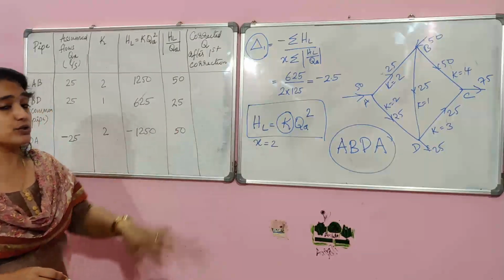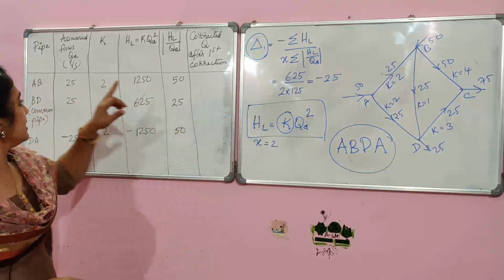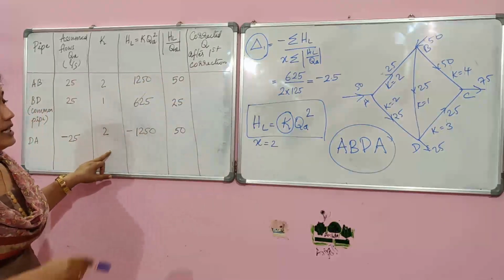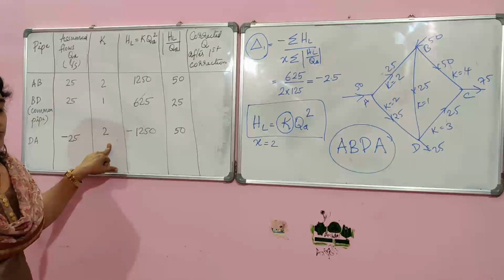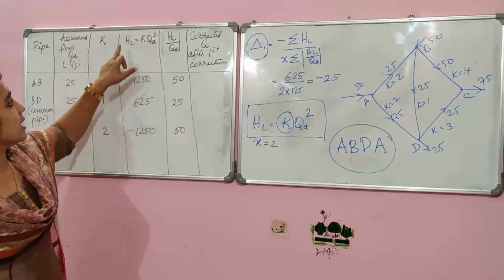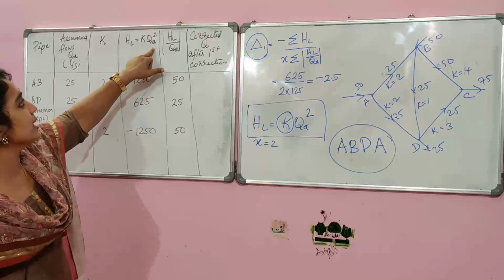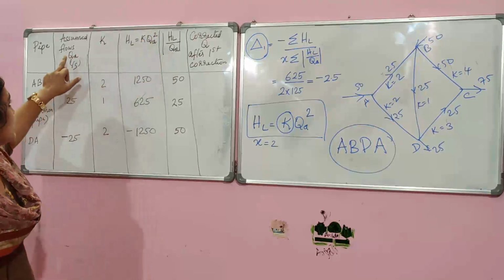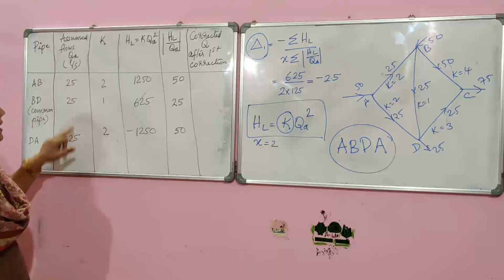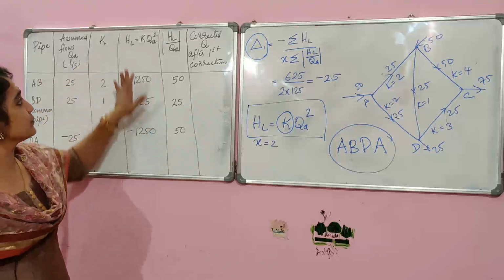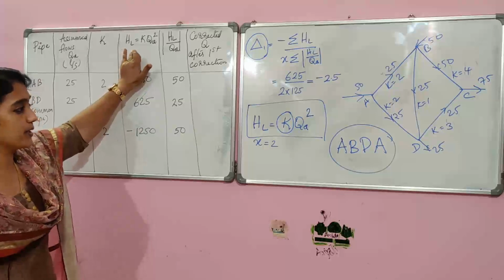And the K value is already given. For AB it is 2, for BD it is 1, and for DA it is 2. Then calculate the head loss value using the equation K into QA raised to 2. QA we already assumed and the K value is already given. Then calculate the values for the head loss.